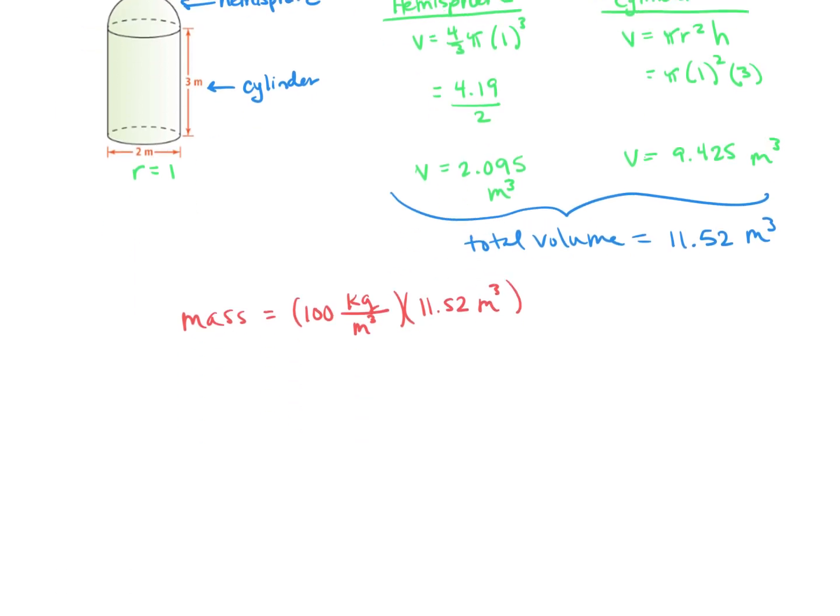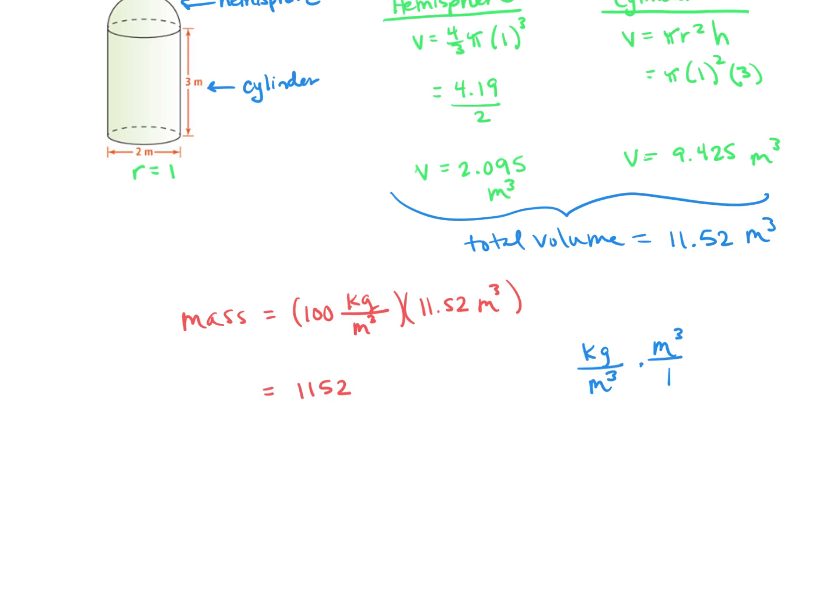So we will just go ahead and multiply the numbers together. The 100 times the 11.52. That gets us 1,152. But then I want to show you what happens with the labels. You probably have seen this in a science class. I think. Let me know if not, and you will see it. You'll see this a bunch actually. So we take this label right here, and it's going to feel like we're multiplying it by the other label, so times meters cubed over 1.